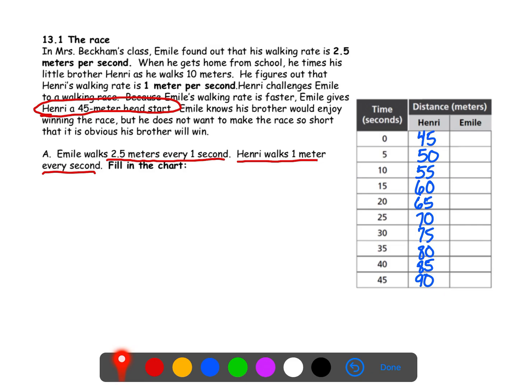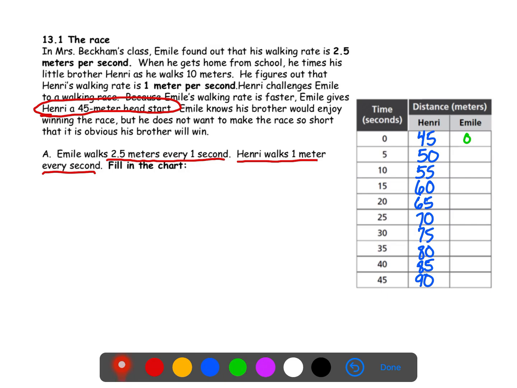So Emil also has a speed, a unit rate of 2.5 meters every 1 second, but he is starting at the starting line. Remember, Henry started 45 meters ahead of him. So at 0 seconds time, Emil is going to be at 0 meters. Then his constant of proportionality is 2.5 meters.